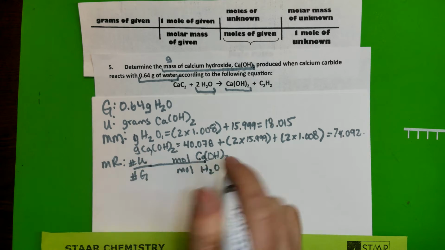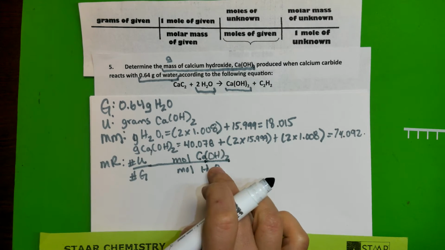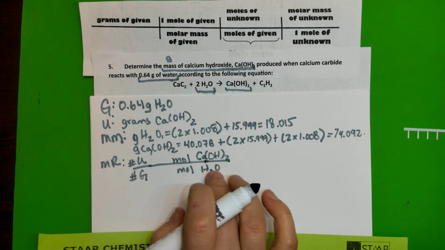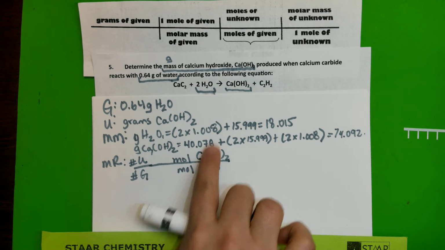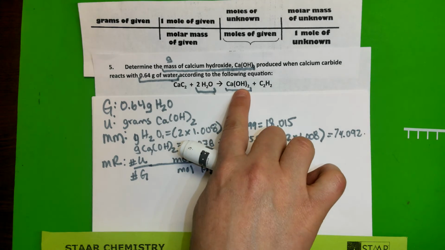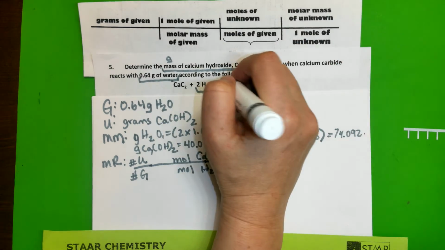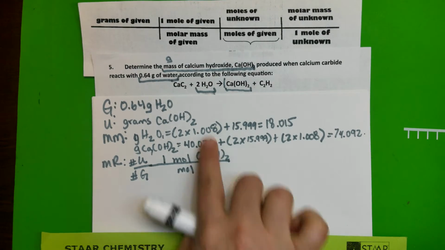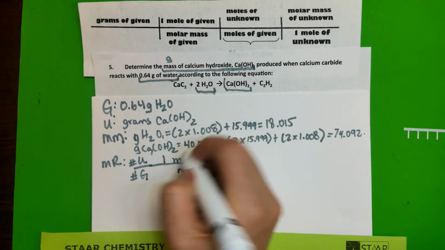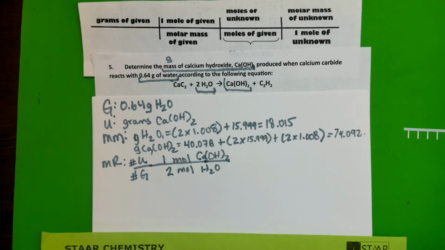When we're looking at unknown and given, we're looking at the compounds or elements, and these two are compounds. The numbers we get from the equation. Calcium hydroxide only has a 1, so it's 1 mole, and H2O is 2 moles.